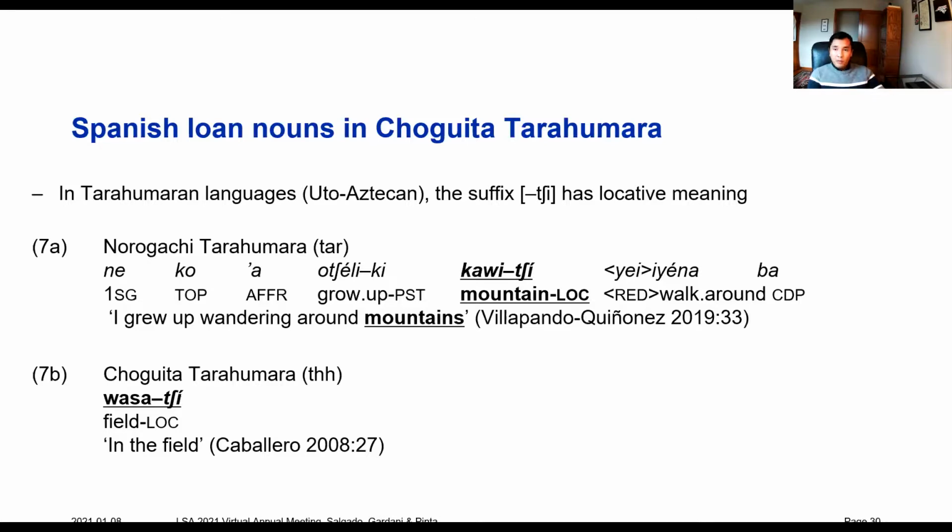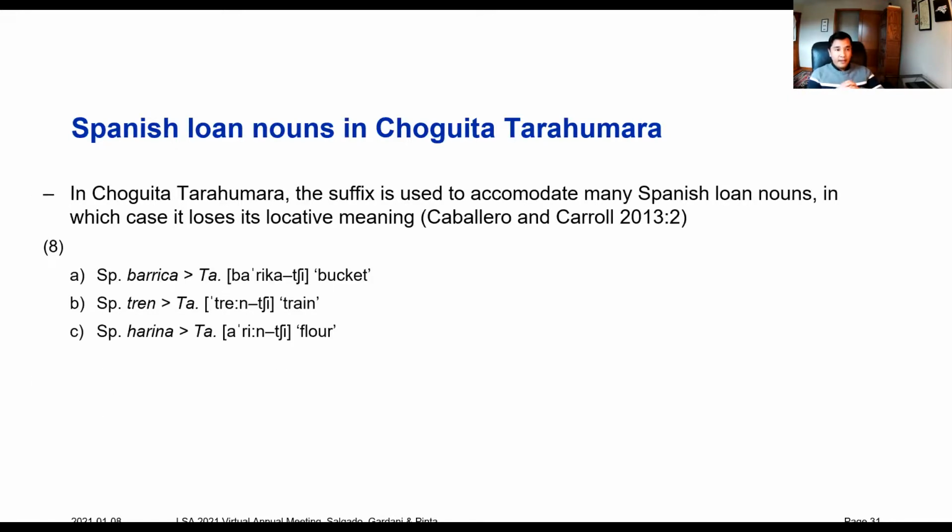And in Choquita Tarahumara, this other Tarahumara variety, we see the construction wasachi, which has the meaning of in the field. But interestingly, in this last variety, the suffix chi is used to accommodate many Spanish loan nouns, in which cases, according to the sources, it loses its locative meaning.